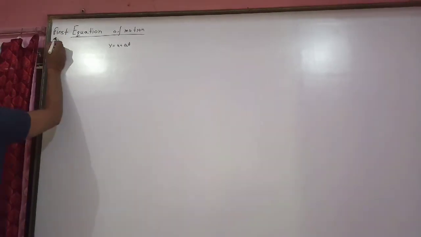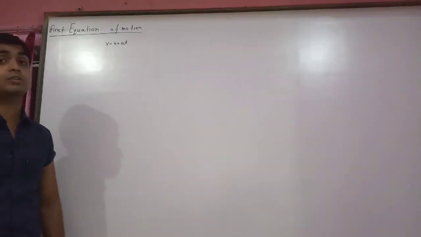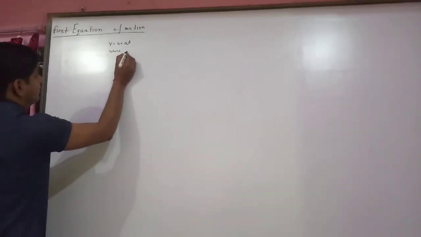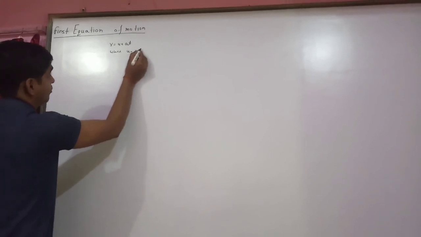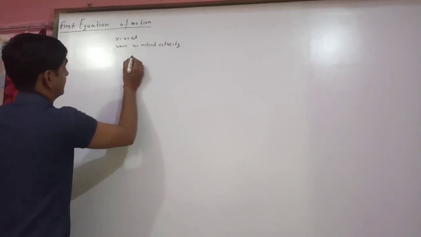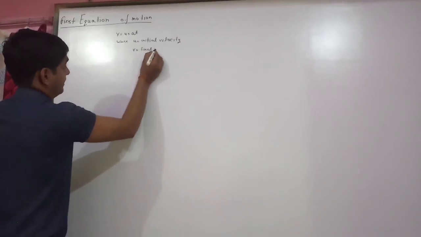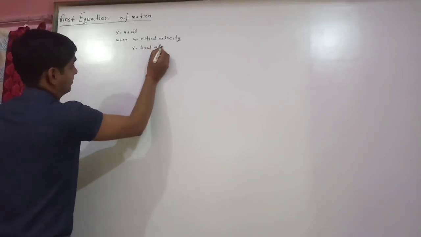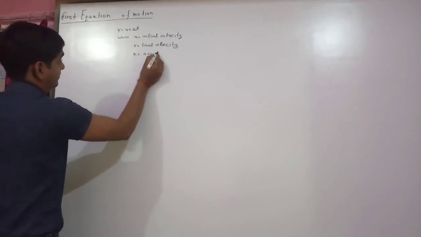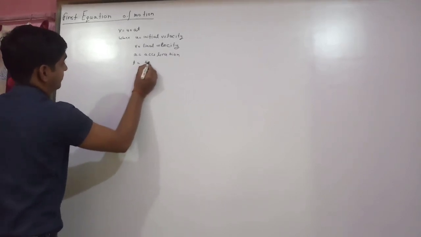This is the first equation of motion, where u is the initial velocity, v is the final velocity, a is acceleration, and t is time.